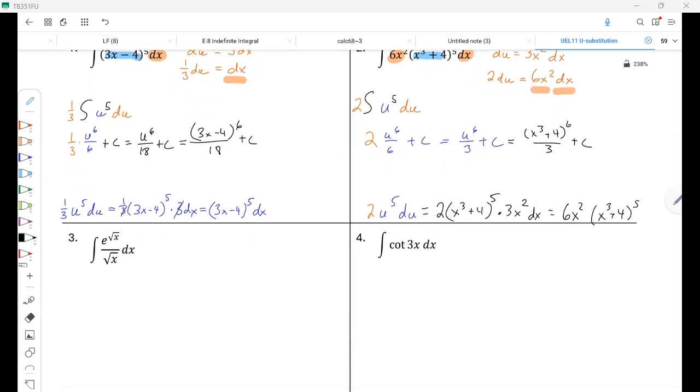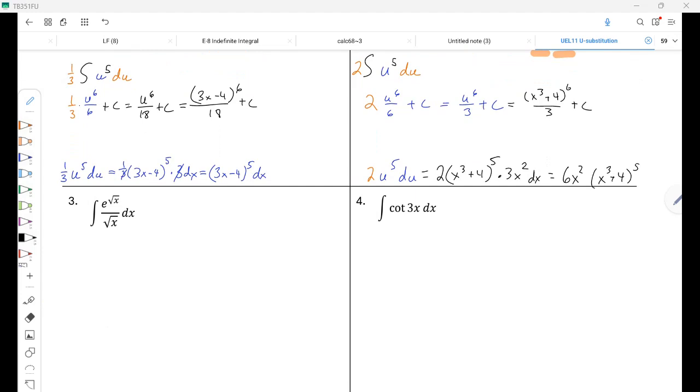All righty. Number 3, a little bit more of a hunt. We need to find something inside of this problem that when we take its derivative, it's there, except maybe the coefficient just isn't right.